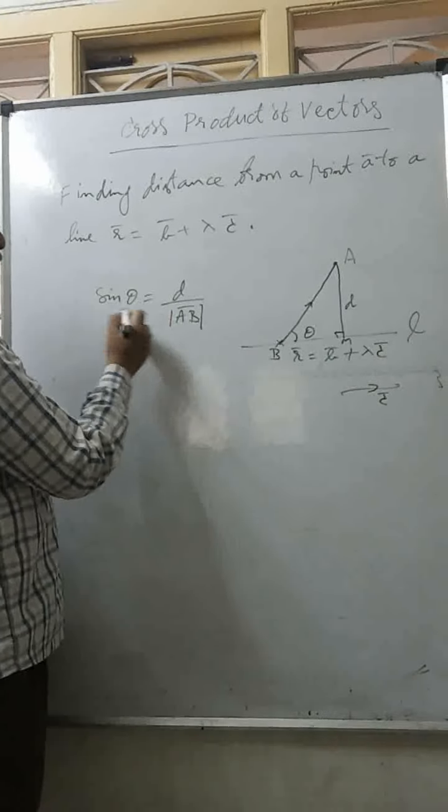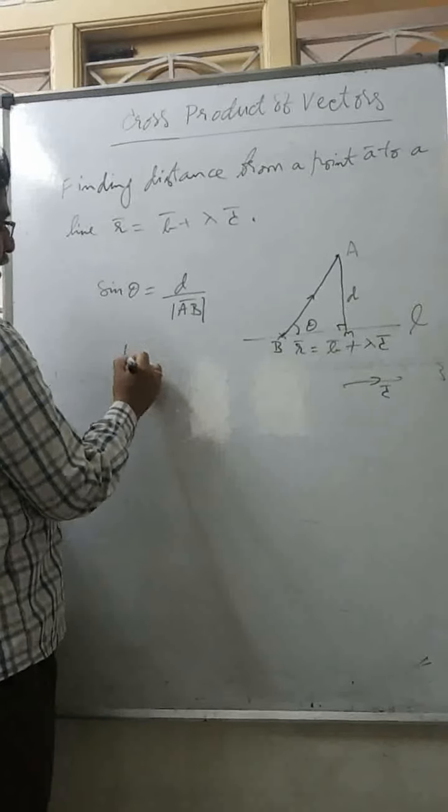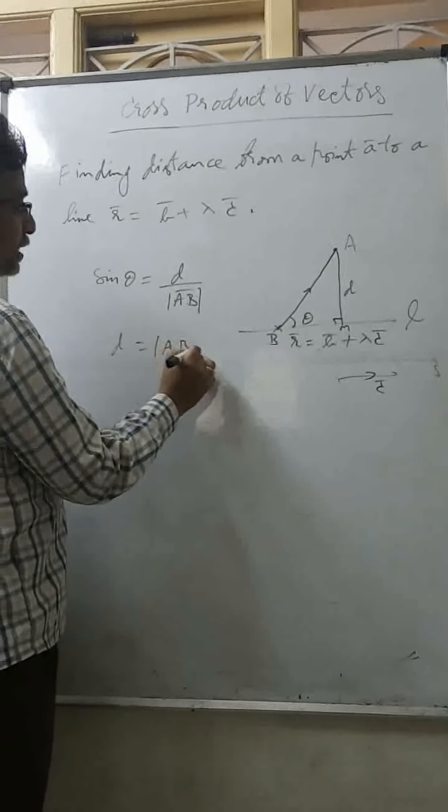If I cross multiply, D is equal to mod AB sin theta.